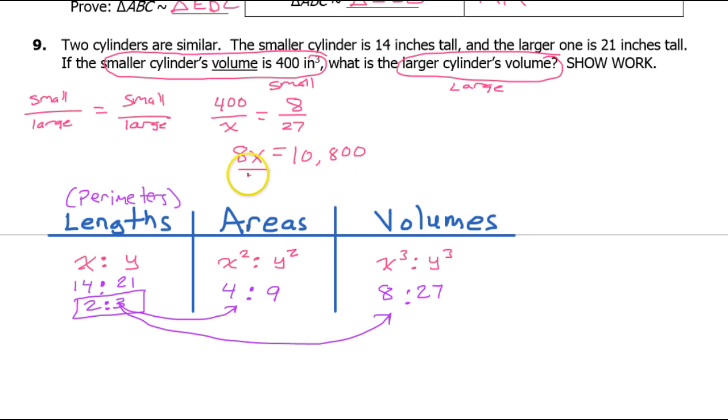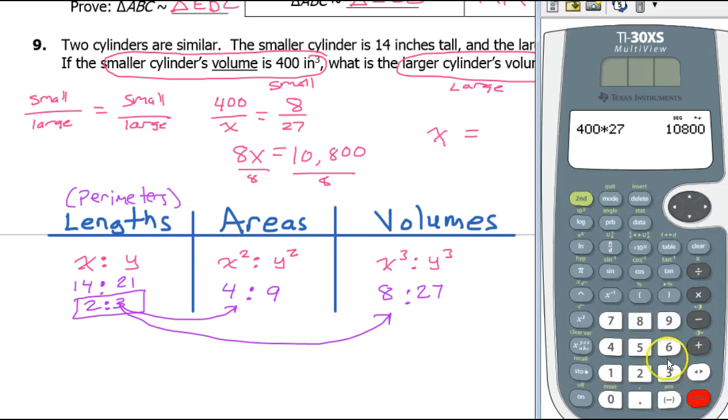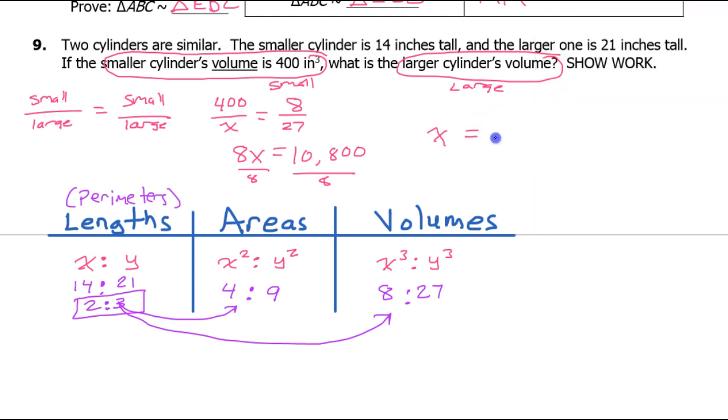And then of course, I need to divide both sides by 8. That gives 1,350. So now would be a good time to put the units back in here. So we're talking about inches, and that's going to be cubic inches because it's a volume.